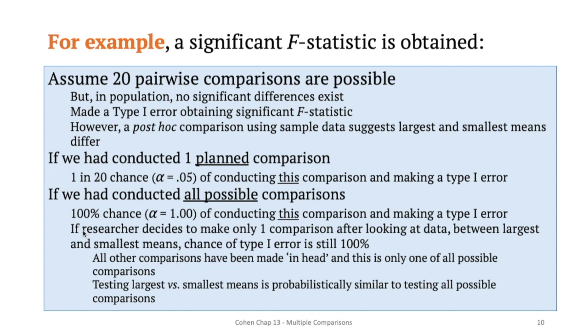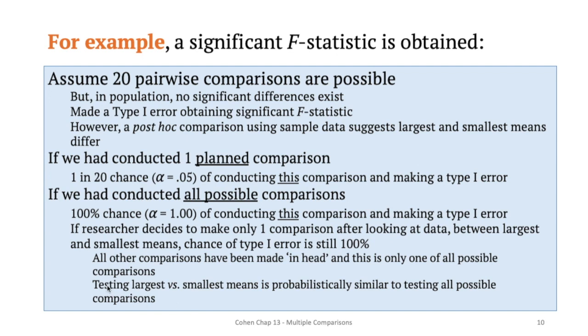So even if you don't make all possible comparisons, but you decide to make only that one comparison based on seeing the data already, then your chance of committing a type 1 error is still 100%, because you're going to run that test. Another important concept: when you have data, you find a significant result, and you explore it, testing the largest versus smallest means is actually very similar to testing all possible comparisons.